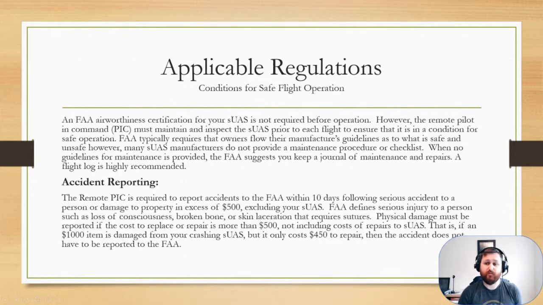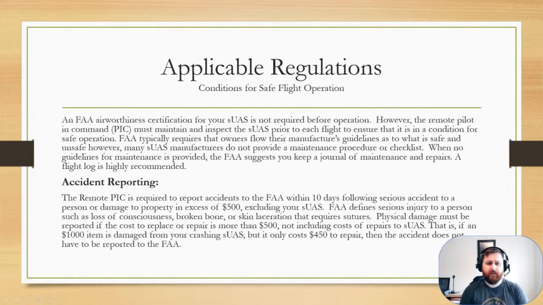So basically a flight log is highly, highly recommended if there is no manufacturer procedure or checklist prior to flight. That does typically come up in your Part 107 exam. There are typically a couple of questions that will relate to that type of thing, so make sure that you're aware of that.